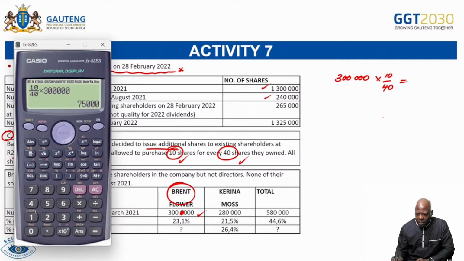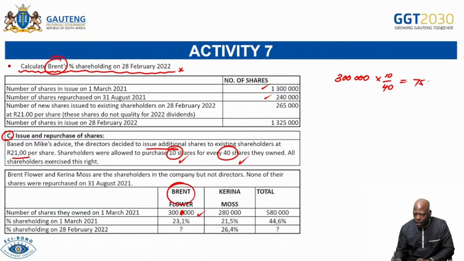That is going to give you 75,000 shares. So he has bought 75,000 shares. Since he already had 300,000 shares and he now has 75,000 more shares, how many shares does he have now?